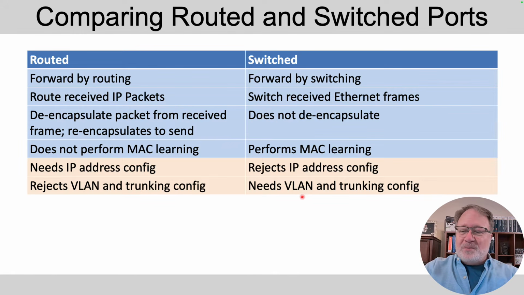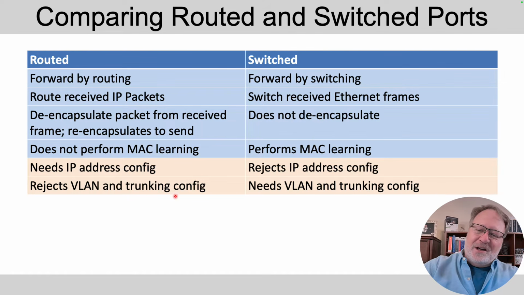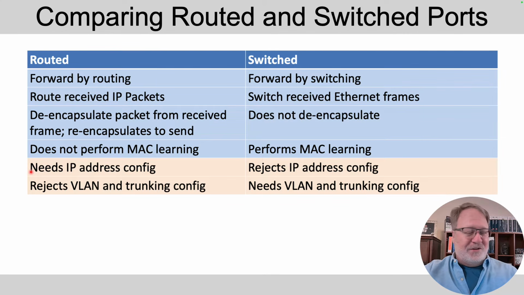Whereas, of course, on a switch port, you would configure VLANs, native VLAN, and switchport mode trunk commands to set up trunking and the like. So think of this as changing a port to act just like the ports that you've come to know on routers, versus the traditional operation of acting like a LAN switch port.